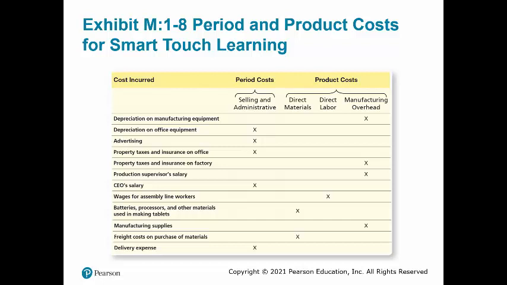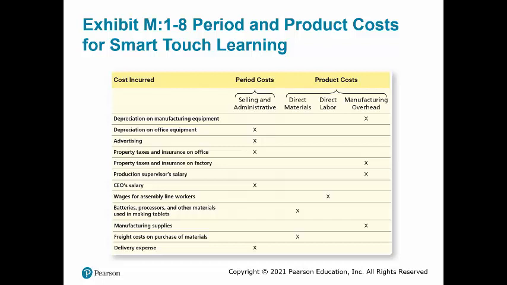And property taxes and insurance on an office building, again, would be part of administrative cost, and those are going to be period cost. But our property taxes and insurance on our factory that we use to manufacture our products is going to be part of manufacturing overhead. So that's going to be a product cost, as well as the production supervisor's salary.